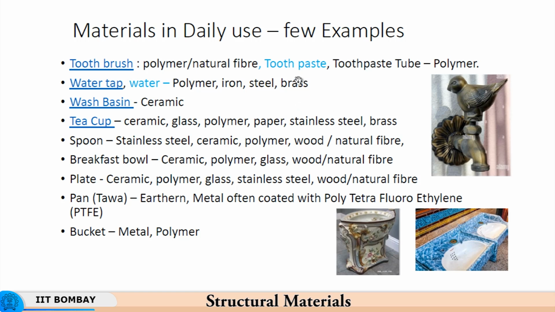So, it would be much more expensive as compared to a polymer tap. So, the price of the product depends very significantly on the material you choose. So, the importance of this course is that you should be able to choose the right kind of material from among the many alternatives which are available to you.